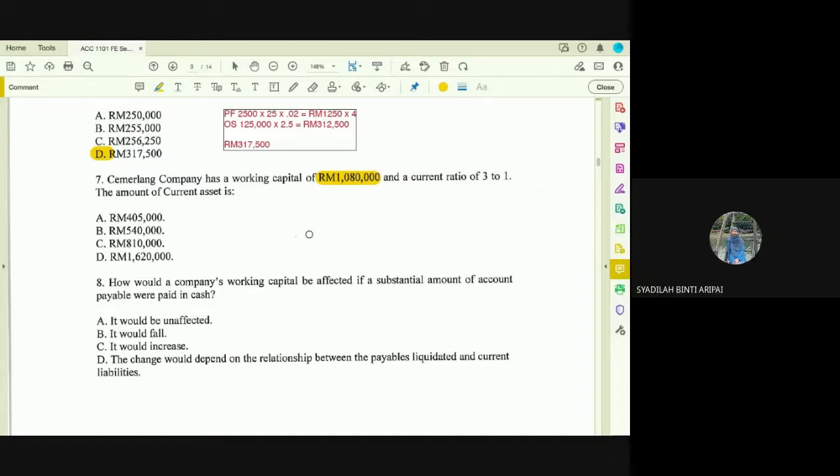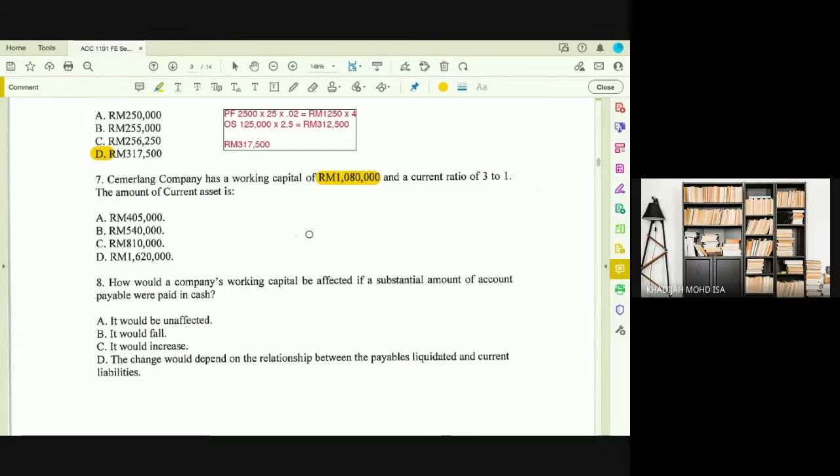Yes, madam. So it means that if you do it again, 1,080 times 3/4, you should get 810, right? And then your current liability is 270. Is that the answer?